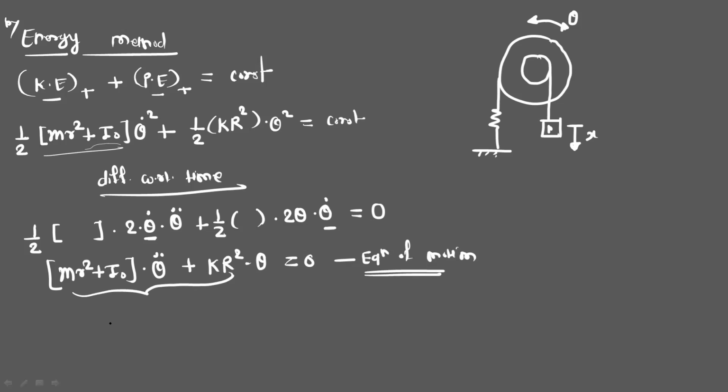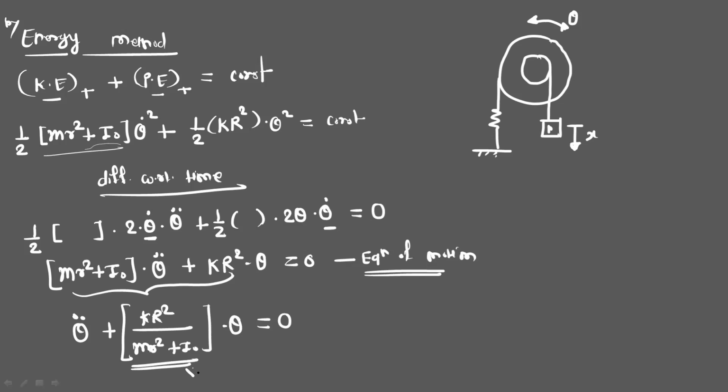And to get the value of natural frequency, we should write this in the standard format of simple harmonic motion. So theta double dot plus k r squared upon (m r squared plus I0) into theta equal to 0. Now this total value is nothing but omega n squared, that is the natural frequency squared.